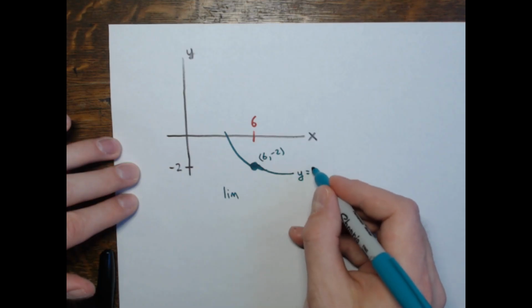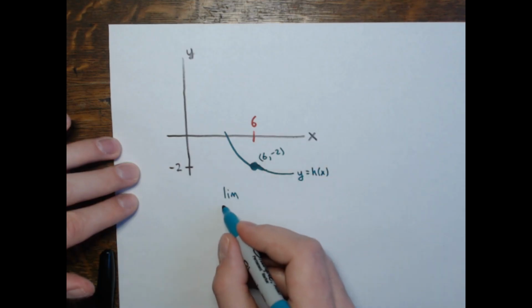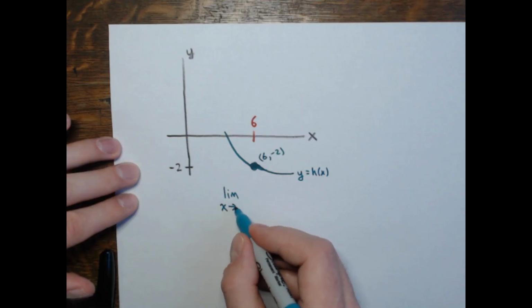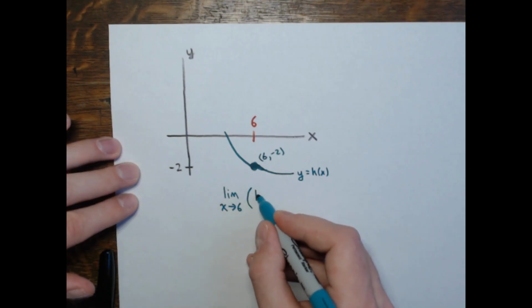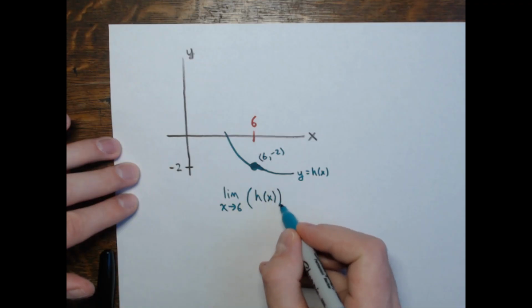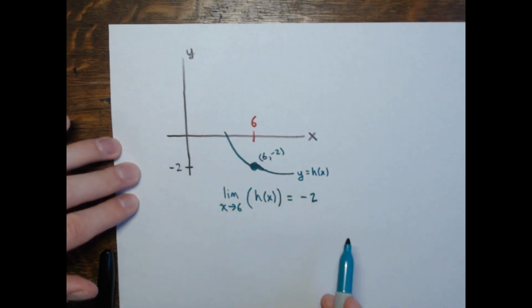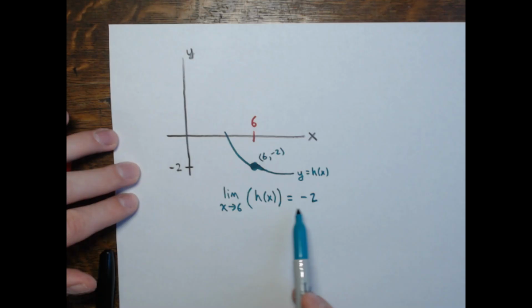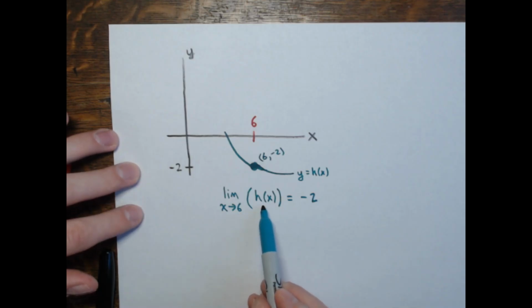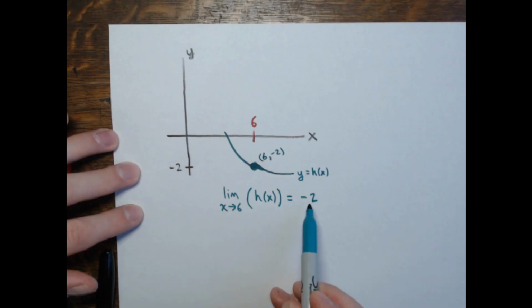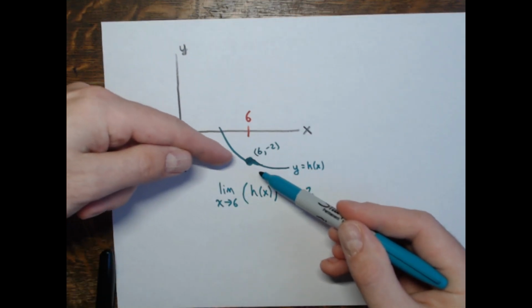So here's y equals h of x. We'll say the limit as x approaches 6 of this h function is -2. So once again, this means the graph of h is approaching the point 6, -2 on both sides. Okay.